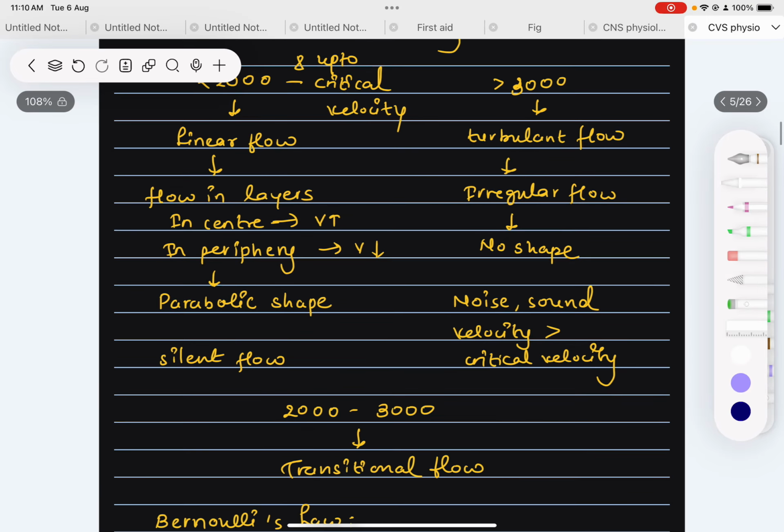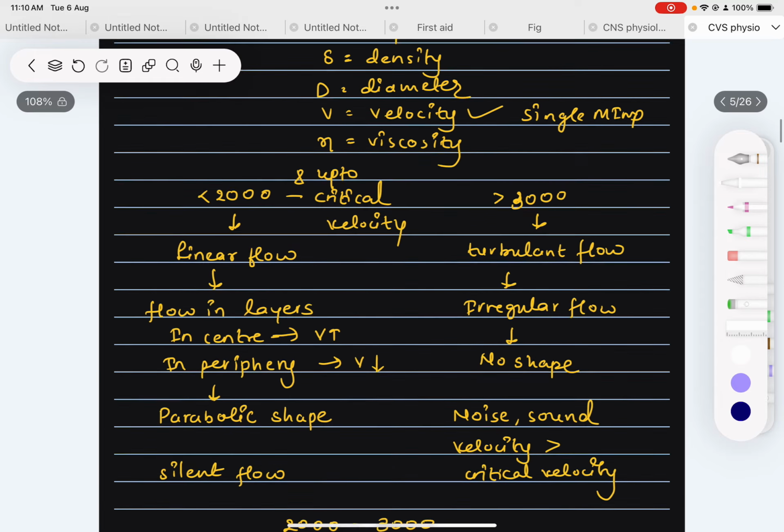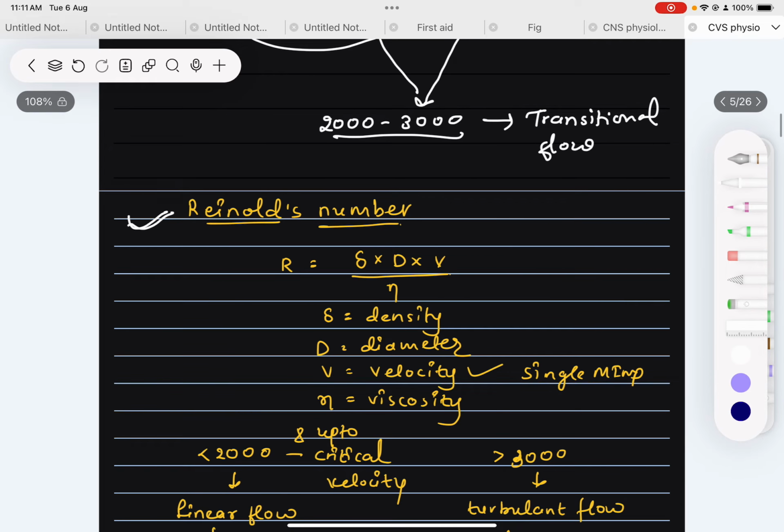So I have already written this part about the laminar and turbulent flow. So this is the Reynolds equation. Reynolds number we can calculate from this.